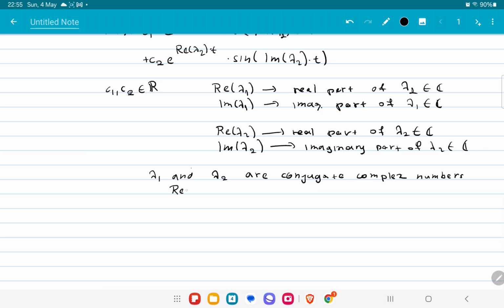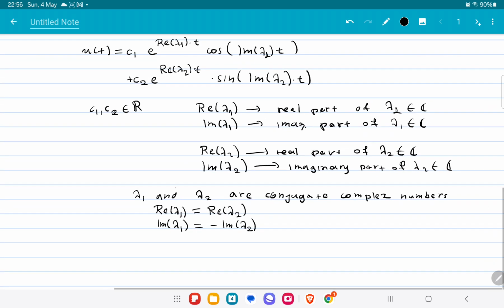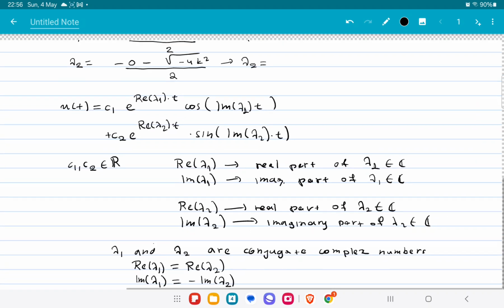Which means that the real part of lambda 1 equals the real part of lambda 2, and the imaginary part of lambda 1 is minus the imaginary part of lambda 2. That's the hint, and you fill in the rest of the details there.